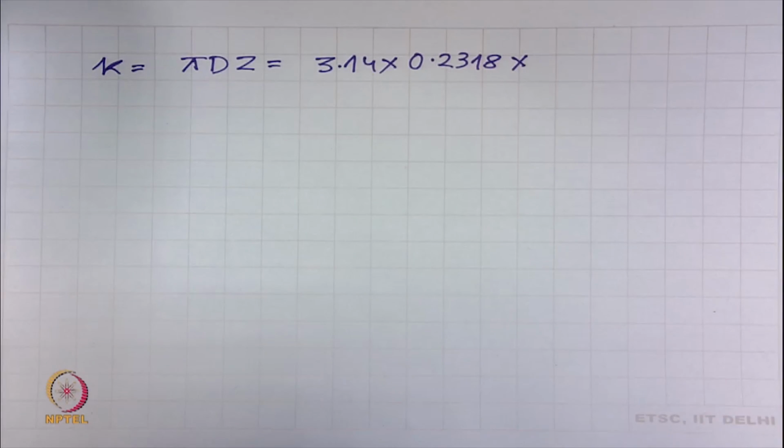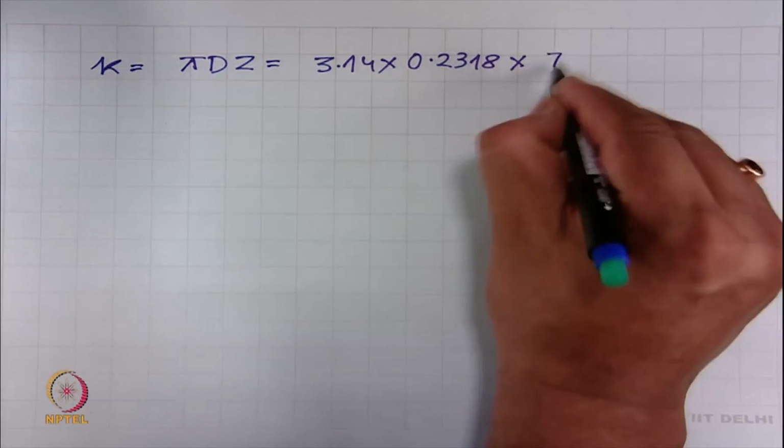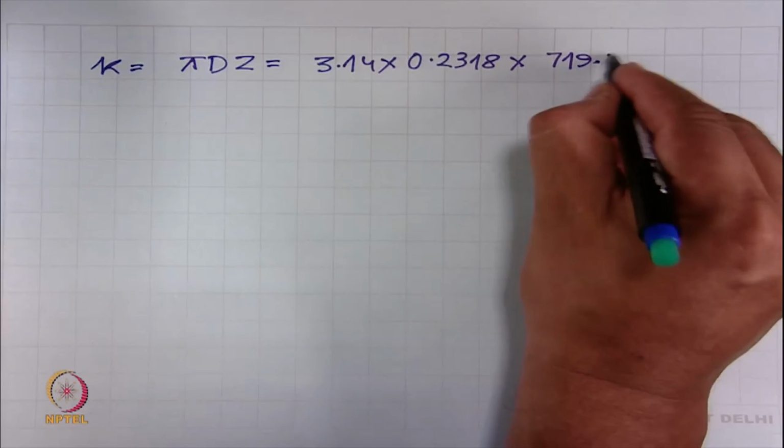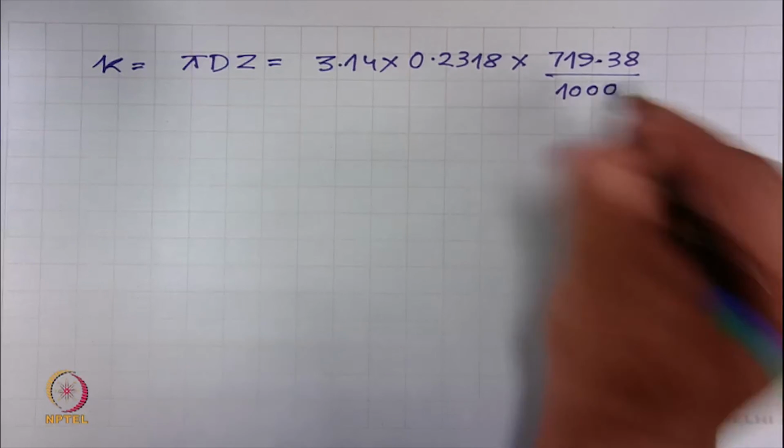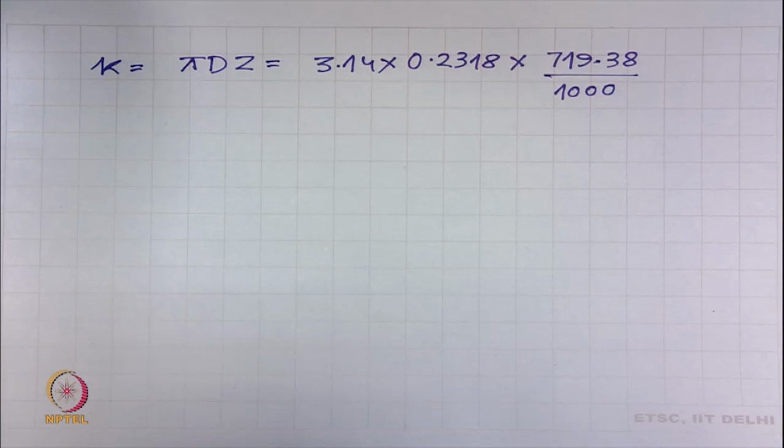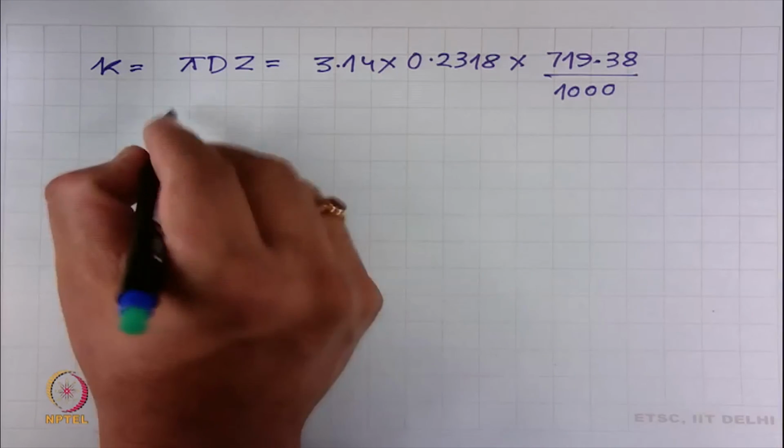Z is your 719.43. This is in 1 meter, so this is in millimeter. So, you will obtain kappa, right. What will be this value?